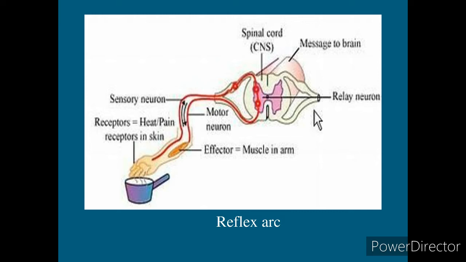From the spinal cord, the relay neuron passes the message to the motor neuron, and it reaches the effector. So how is it happening, children? I'll tell you once again. Receptor, then a sensory neuron, reaches the spinal cord, then the relay neuron, then the motor neuron, and reaching the effector part. This diagram is important. You have to learn the movement, the path, how it goes.